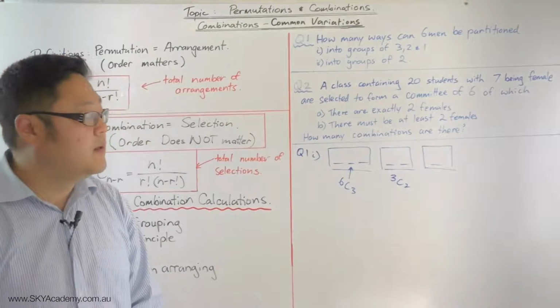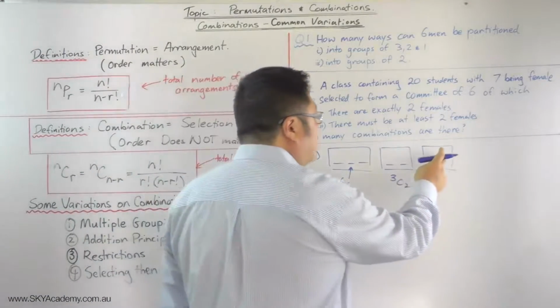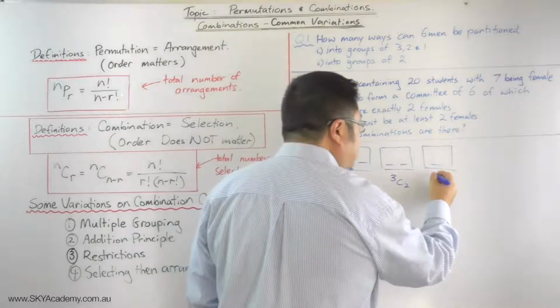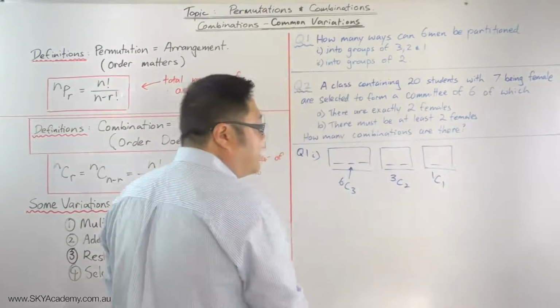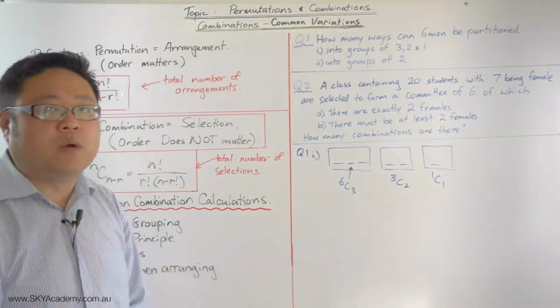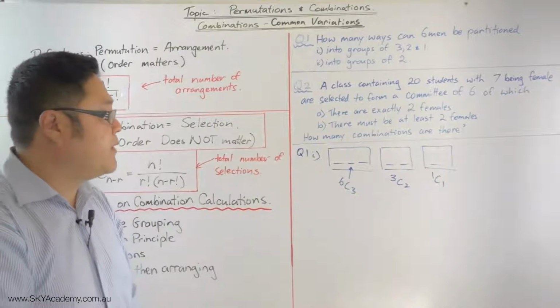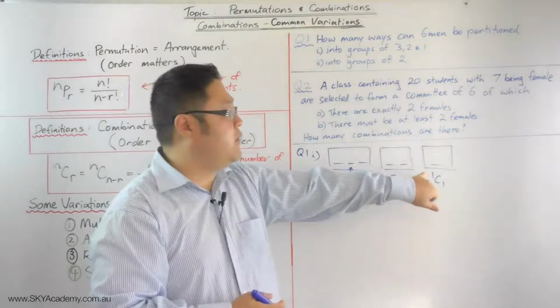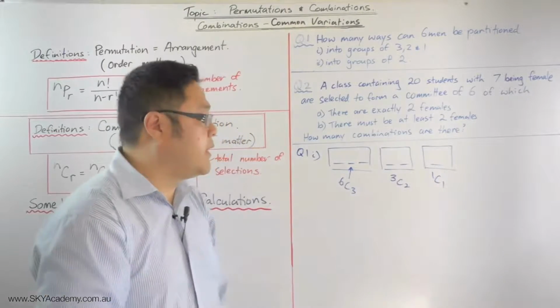And then for this last spot, we've got 1 person left, so it's 1 choose 1, which is just 1 itself. There's only one way you can choose 1 person to make another group. So you've got 6 choose 3, 3 choose 2, and 1 choose 1.